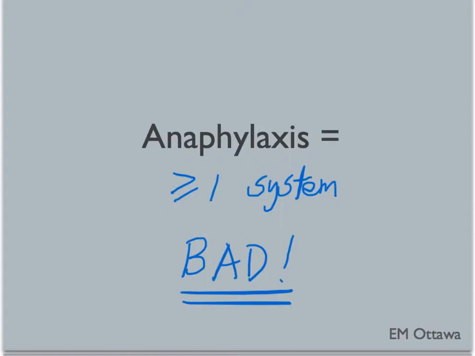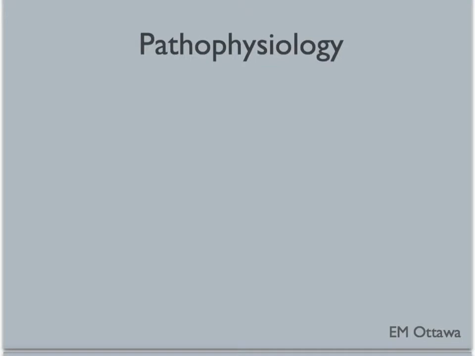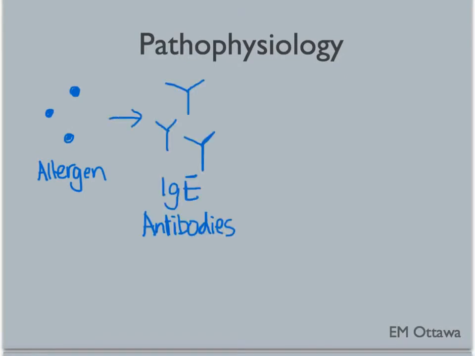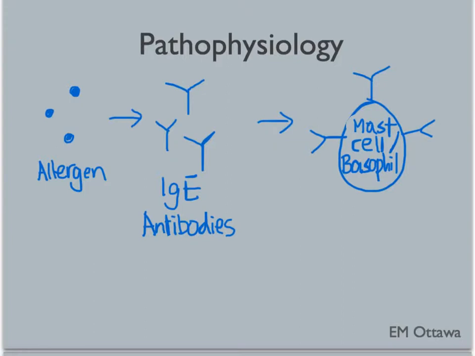Let's step back and take a look at its pathophysiology. What causes an allergic reaction? In a very simplified way, the previously sensitized allergen causes production of IgE antibodies. These IgE antibodies go on to bind mast cells and basophils, causing them to degranulate, leaking chemicals from inside their cells.